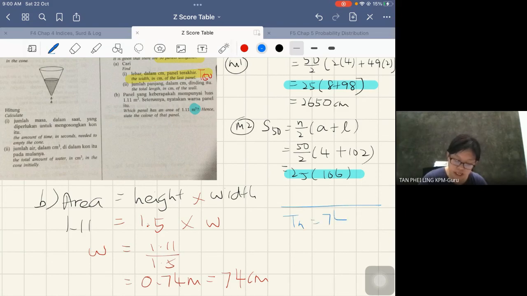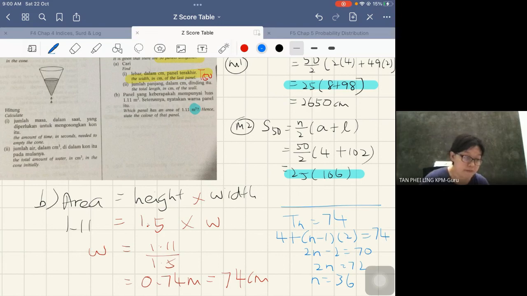So put in your Tn that you know, your A will be 4, plus (n minus 1)d, which is 2, equals 74. I think this one not difficult, right? 2n minus 2 equals 70. 2n equals 72. n equals 36.